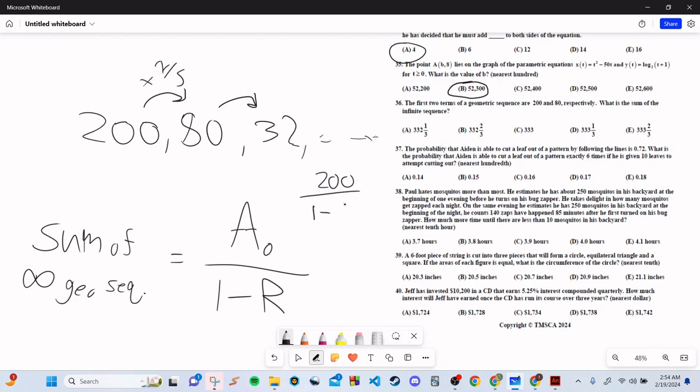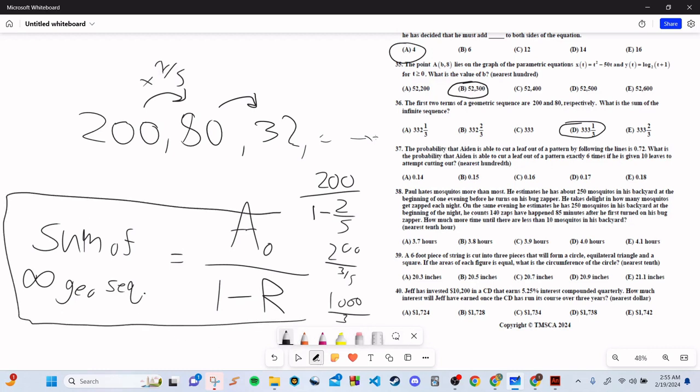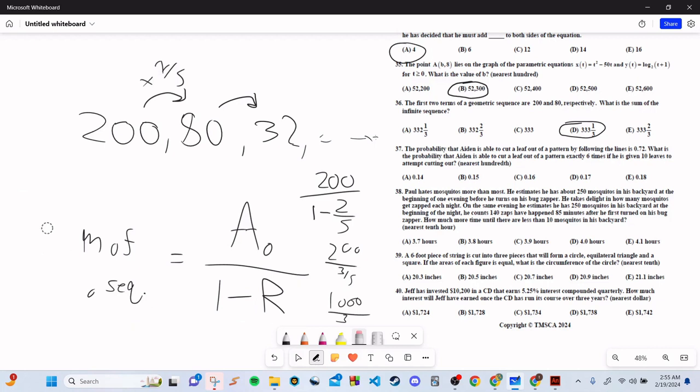We're going to divide it by 1 minus r. And so that's our rate of 2/5, which you can get by doing this term divided by this term. And so that's going to be 200 over 3/5. So that's going to be 1,000 over 3, which is going to be 333 1/3. So that's our answer. So just make sure you know this formula. Sum of an infinite geometric sequence.